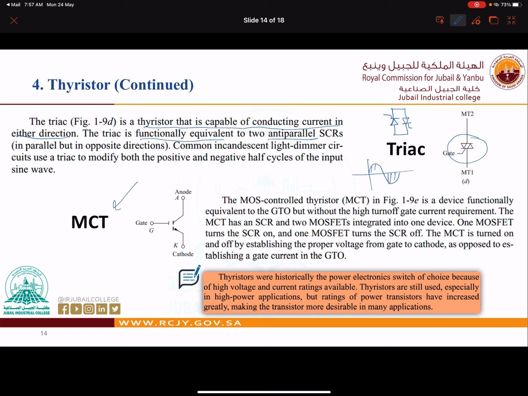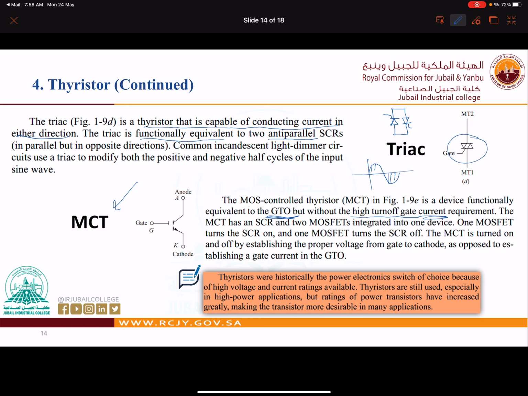I can answer you. Now, for the MCT, the MCT is functionally equivalent to the GTO, okay, but without the high turn-off gate current required. Now, remember, in GTO, we need to have a high turn-off current, and here we don't have it, okay.